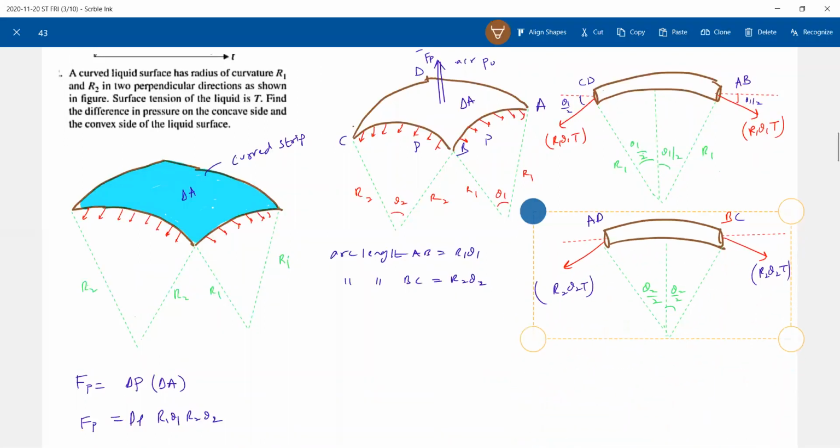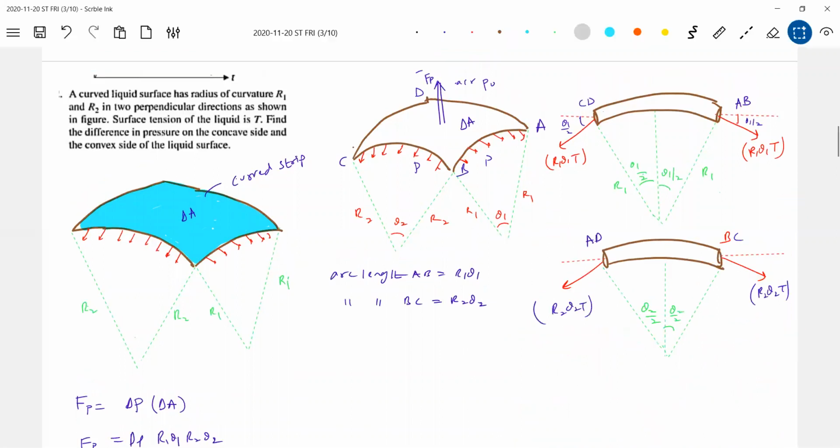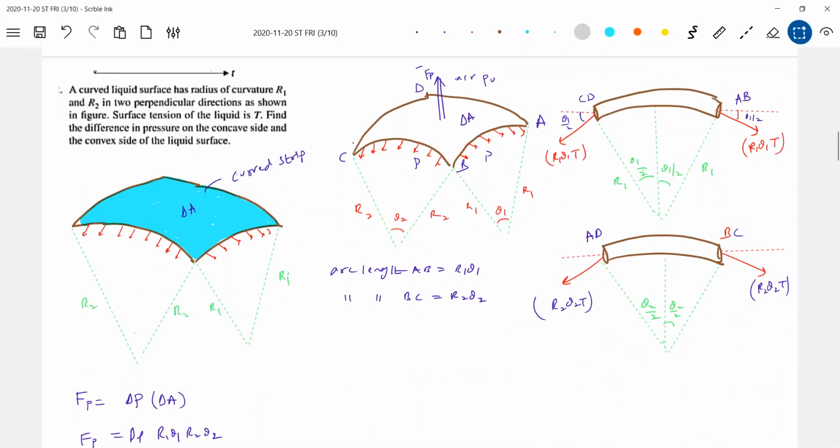Now, who will balance this pressure force? Force due to surface tension only. So the excess pressure P will be greater than P naught. So therefore the pressure force will be acting like this. Who should balance the force due to surface tension? So therefore on that particular element, on that particular strip, I have to show it like this.